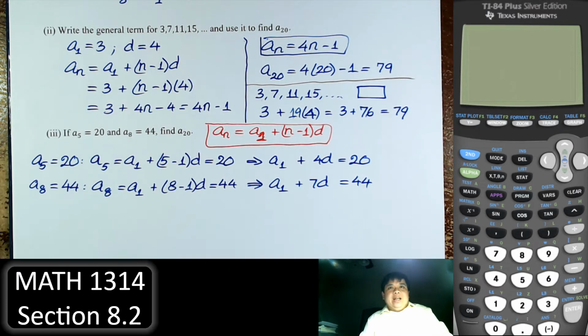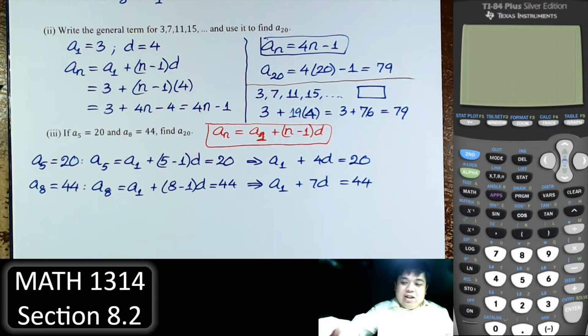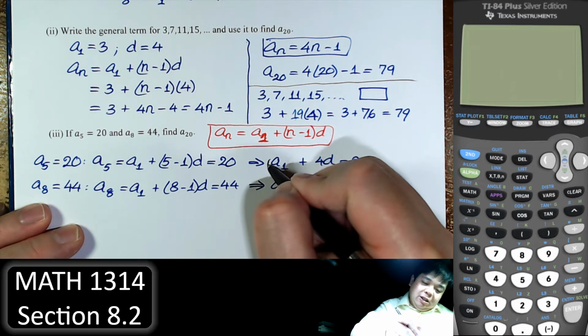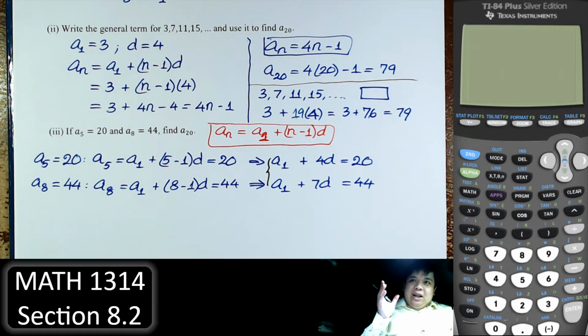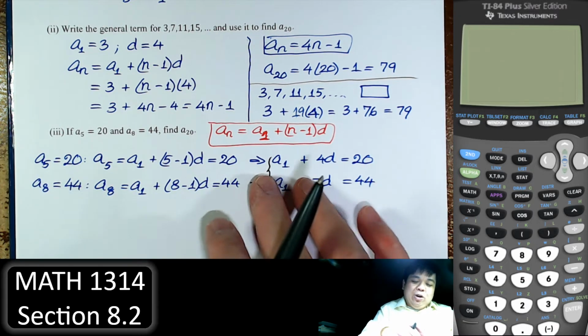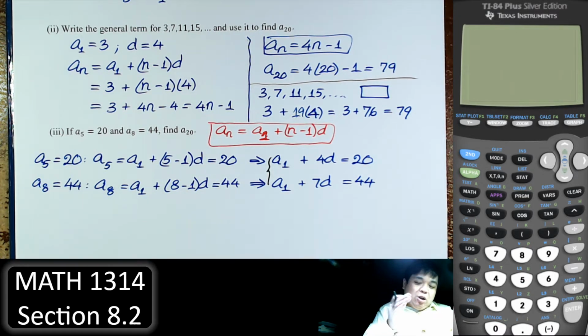Right, so what we have here is a system of two equations, two variables, so that should be easy to solve for. So of course we can put in the matrix. Remember, we can use Cramer's rule to solve for a1 and d, or we use matrix equation, a lot of different ways. What I do here instead, just use elimination.